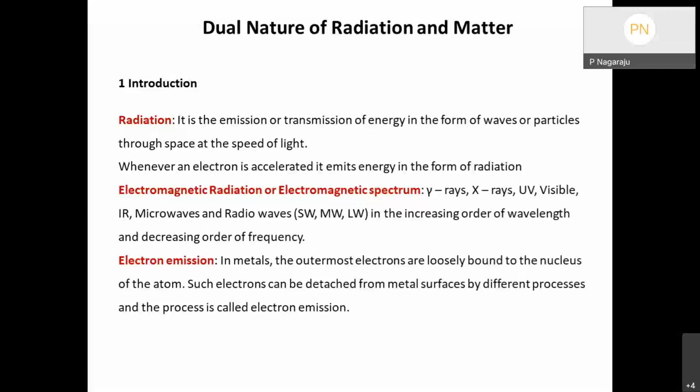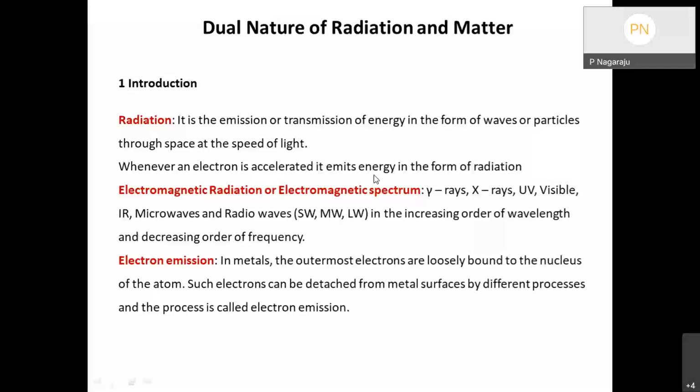Matter, of course, everybody knows about it, but let me first define what is radiation. It is the emission or the transmission of energy in the form of waves or particles through space at the speed of light. You know that whenever an electron is accelerated, it emits energy in the form of radiation.